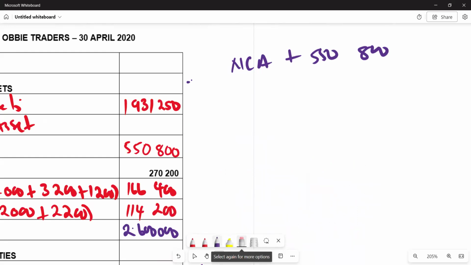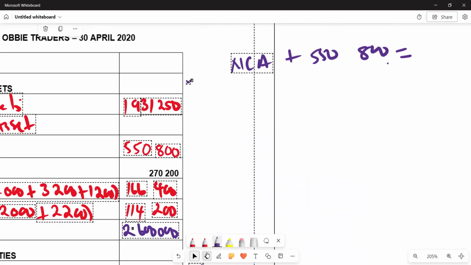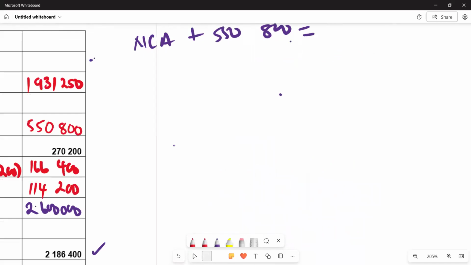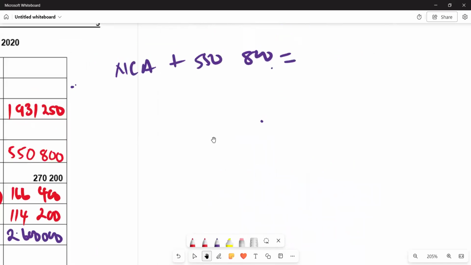You are supposed to get the first balancing figure, which is 2,600,000. So the answer that you get there is 2,600,000. We can find our non-current assets by saying non-current assets is something.